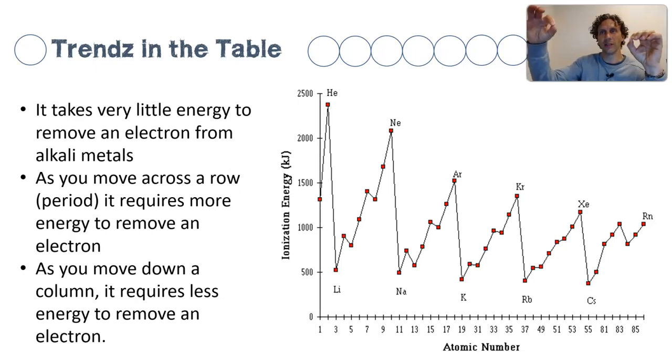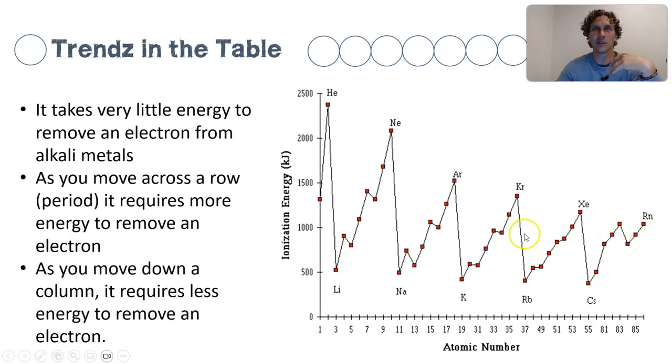And so removing this electron is easier because it's further away from that positive charge. So it takes less energy to remove it. So xenon or radon, it's going to be easier to actually get those to become an ion. Hopefully that makes sense.